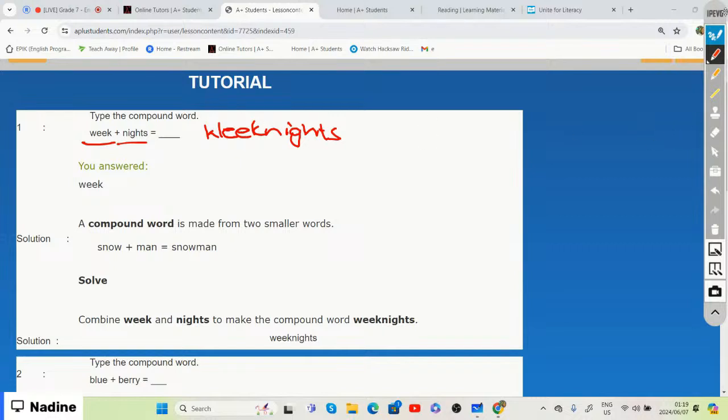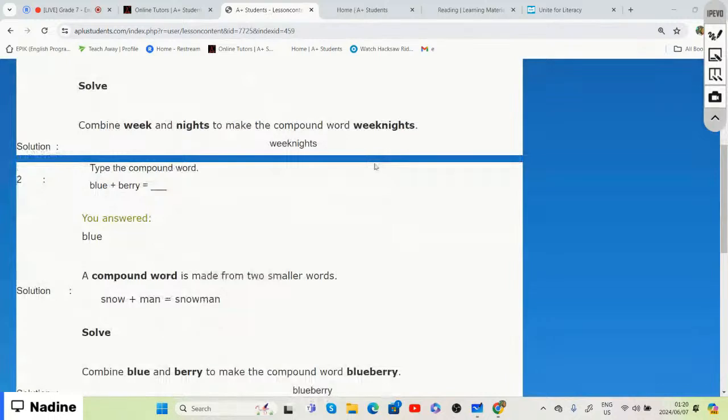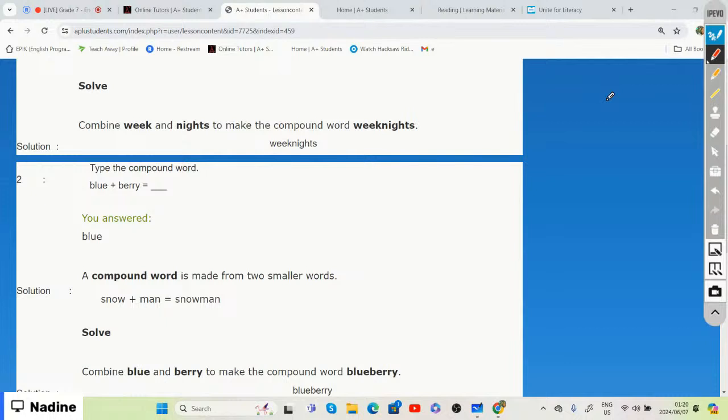All right, so the first one is week nights. All right, so now we have blue plus berry. What is blue plus berry?